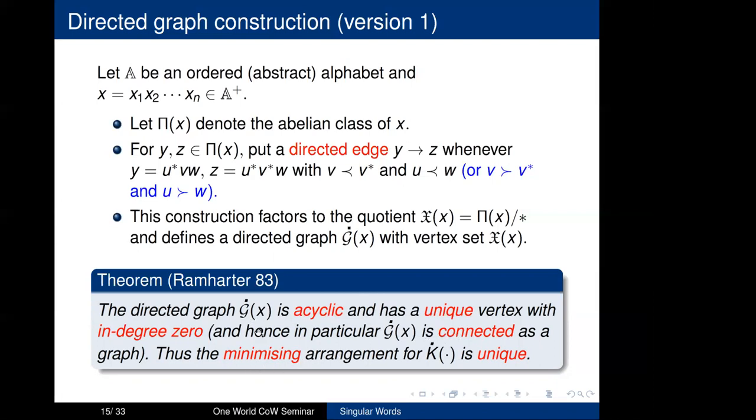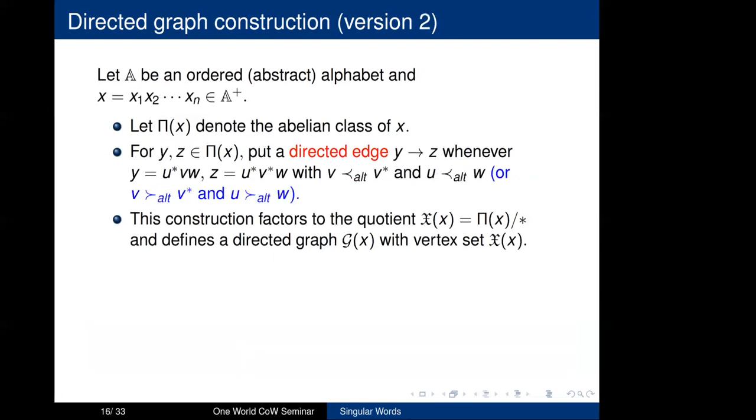And it's from this theorem that he's able to conclude that the minimizing arrangement of K dot is unique, because it corresponds to that vertex. Well, unique up to reversal, but here we are identifying words with their reverse. So it corresponds to the unique vertex with in degree 0. Okay. Now you can do this exact same construction with theorem 2, the one where you have the alternating order.